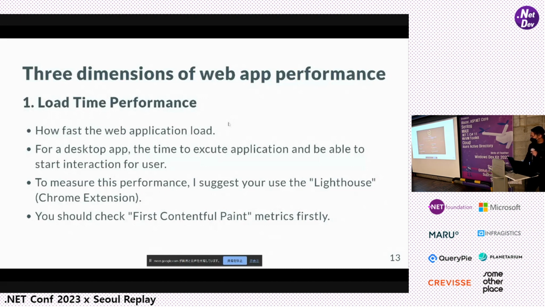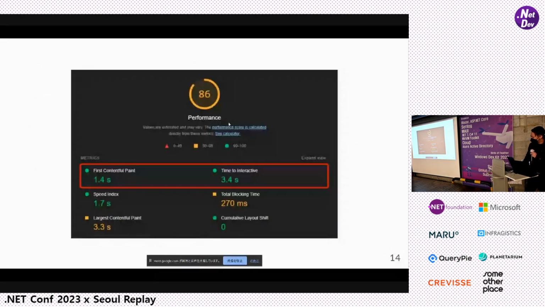It is called First Contentful Paint. This is an example of a result page. In the area enclosed by the red border, you can see the metric, First Contentful Paint, which is the time from when the page starts loading to when any part of the page's content is rendered on the screen.